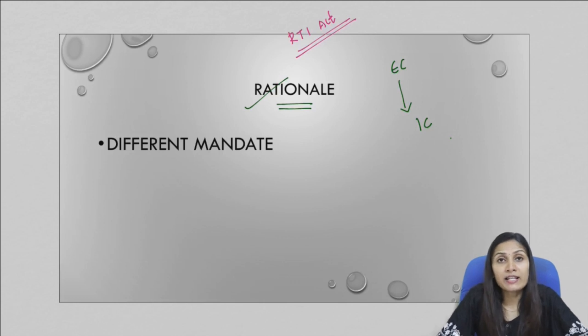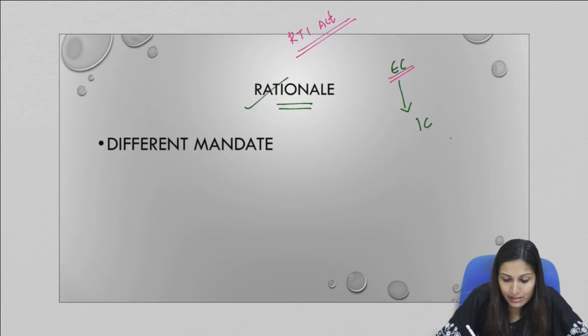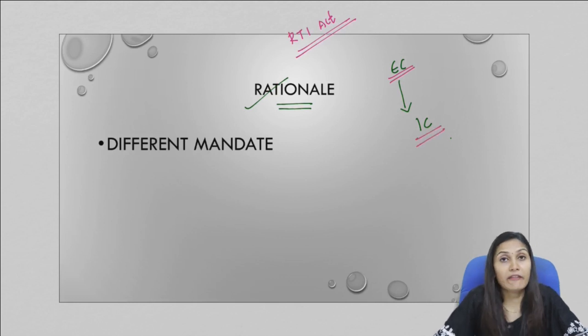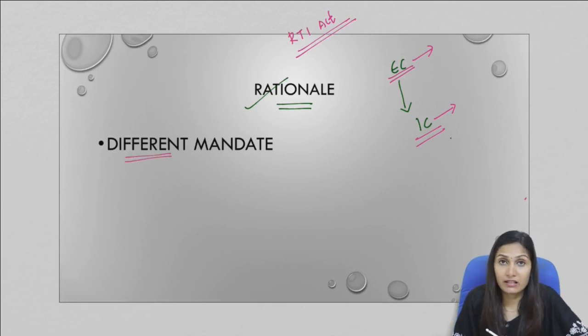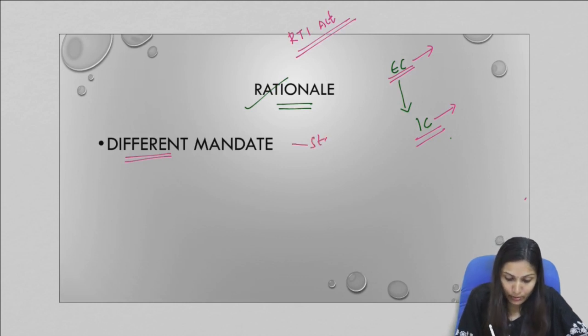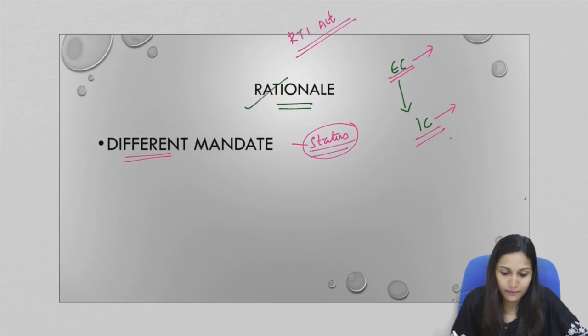The government justifies this proposal of amendment saying that the election commission and information commission have different mandates. That means the functions of the election commission are different, whereas the functions or the objectives of an information commission are entirely different. So different mandate is the reason. And for this reason, the status and also the service conditions of both these bodies should be changed.